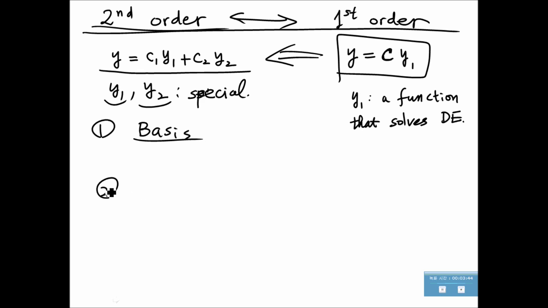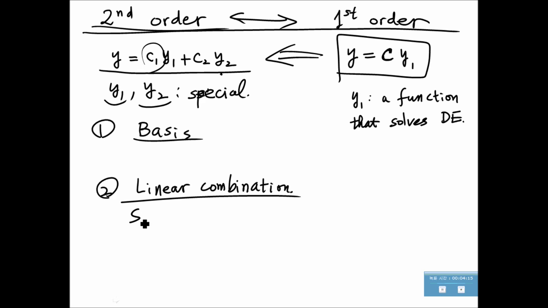And secondly, linear combination. Meaning C1 y1 plus C2 y2. That's a linear combination, right? You have y1 and y2, and you linearly combine them, meaning you multiply an arbitrary constant to each function and then add them up. In a fancier word, we call it the superposition rule.